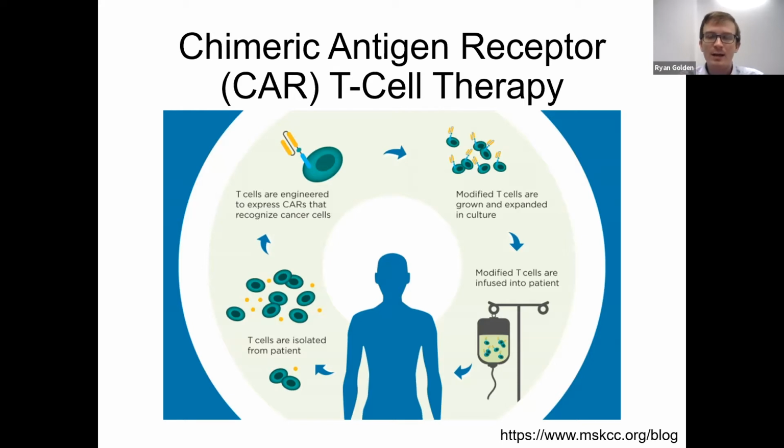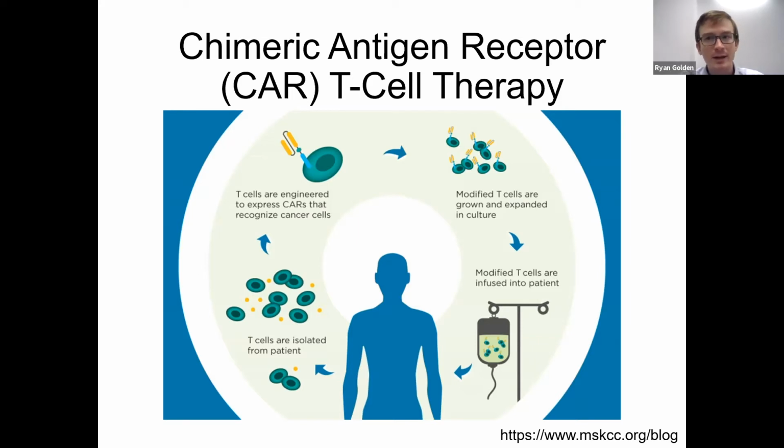We begin by isolating T cells from patients and then genetically engineering these T cells with a chimeric antigen receptor that couples recognition of a cancer-enriched or cancer-specific antigen directly to the activation and killing response of the patient's own T cells. We're able to engineer these cells outside the body, expand them outside the body, and then freeze them down or send them back for infusion into the patient.